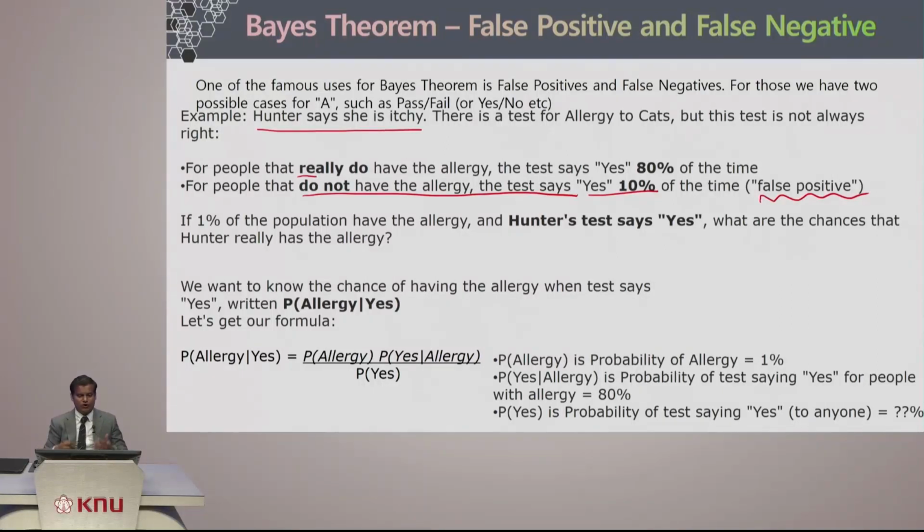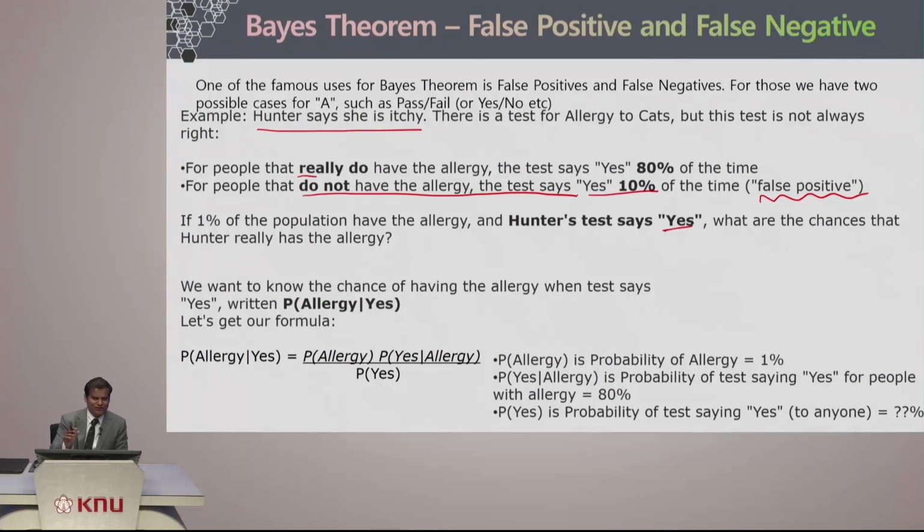Just like you go and test for influenza, and even if you don't have influenza, you are tested as positive for influenza. So if 1% of the population have an allergy and 100 tests say yes, what are the chances that a person really has the allergy?